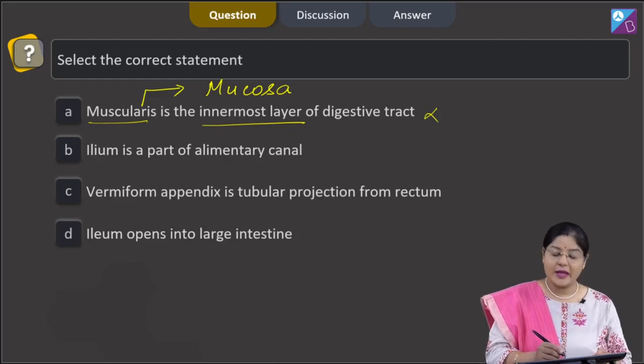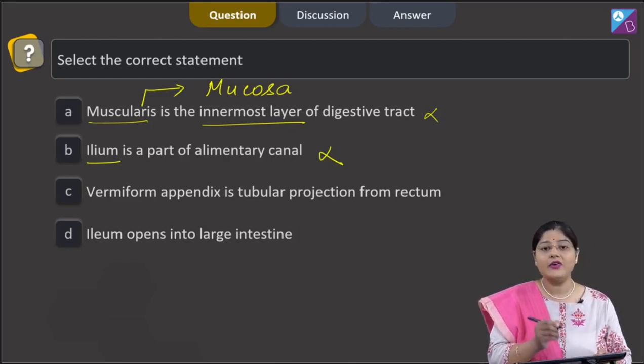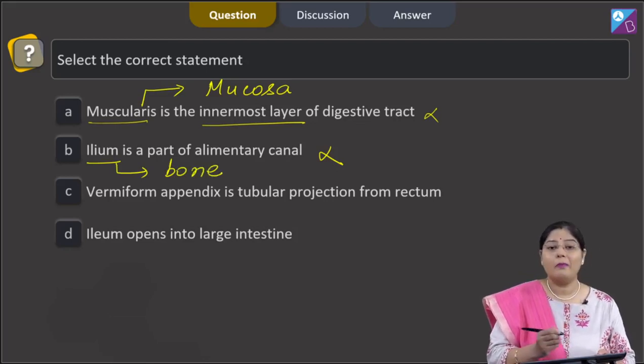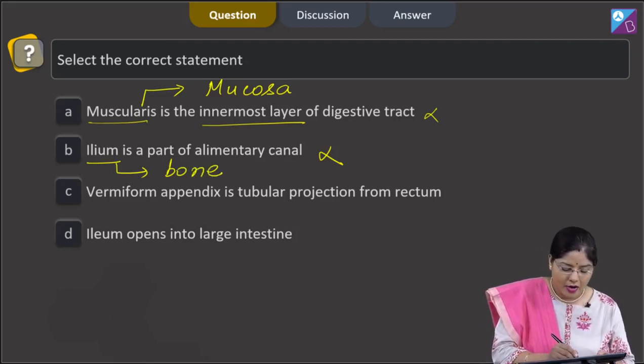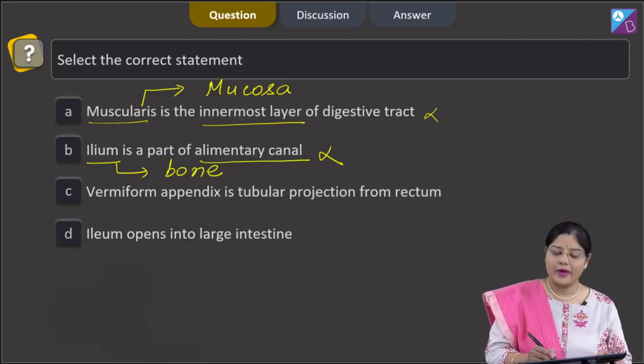Second option, ileum is a part of alimentary canal. This is incorrect because this ileum, I-L-I-U-M, is a bone which is part of pelvic girdle and not part of alimentary canal. Third option, vermiform appendix is tubular projection from rectum.